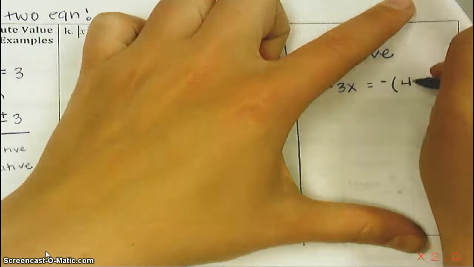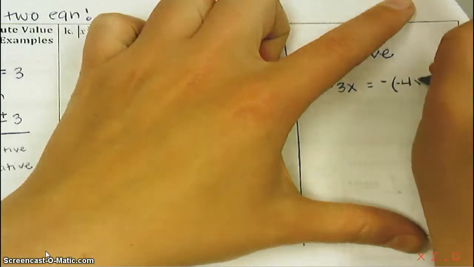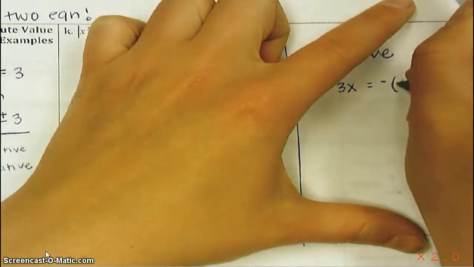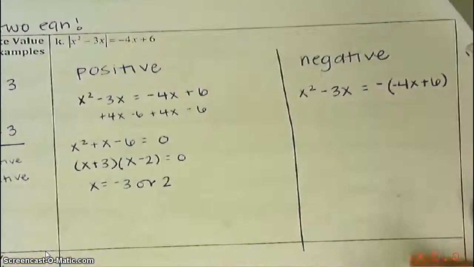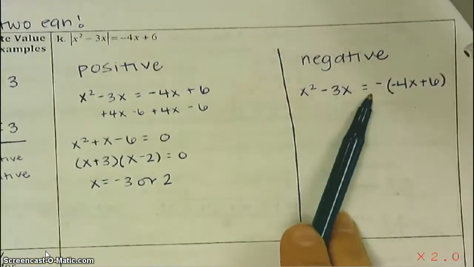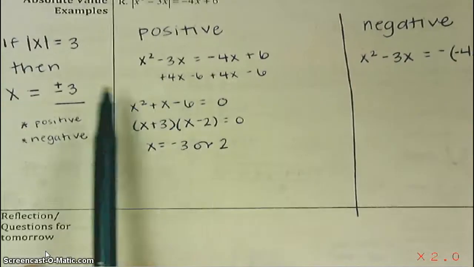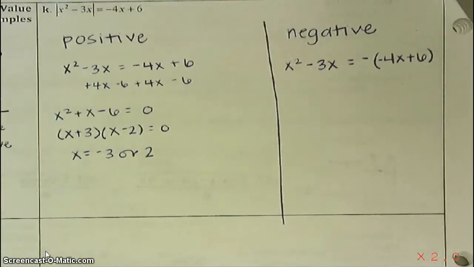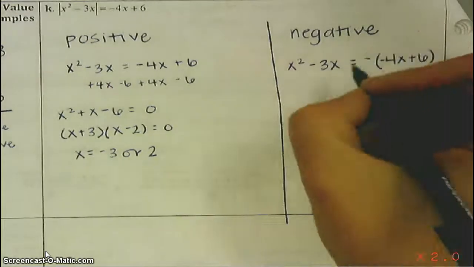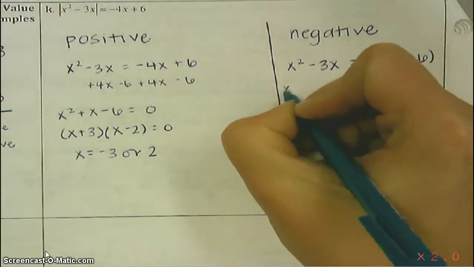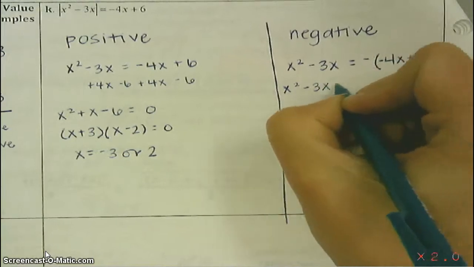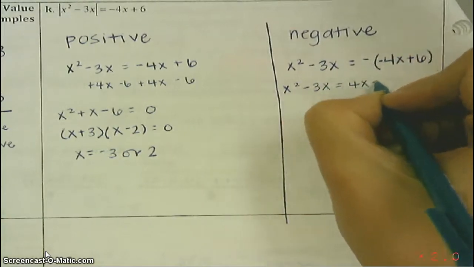So this is going to be negative 4x plus 6, and we're going to multiply by a negative 1. It's kind of like having that negative 3 in this original problem. So distribute the negative and take anything over to the quadratic side. So this is going to be x squared minus 3x is equal to 4x minus 6.